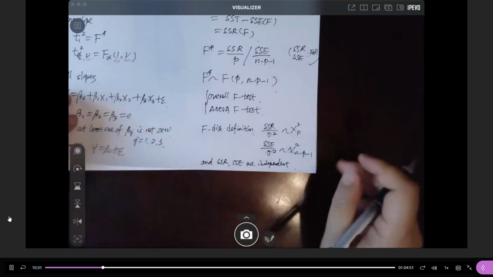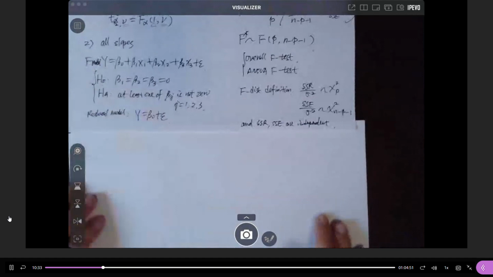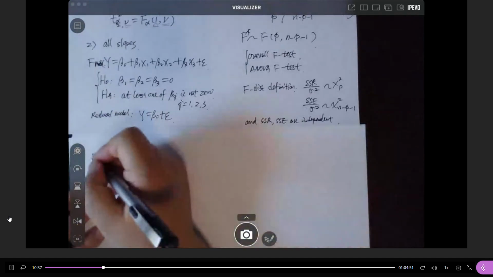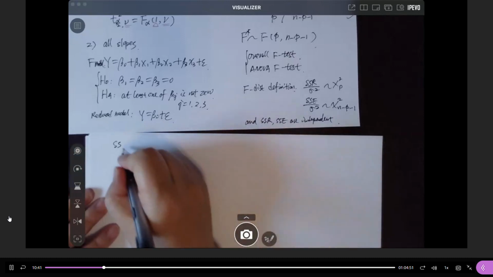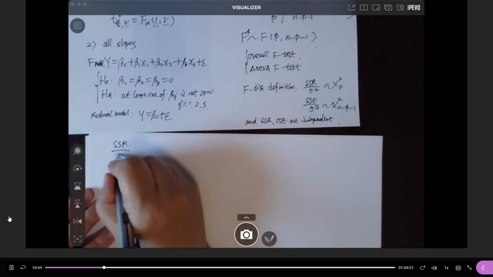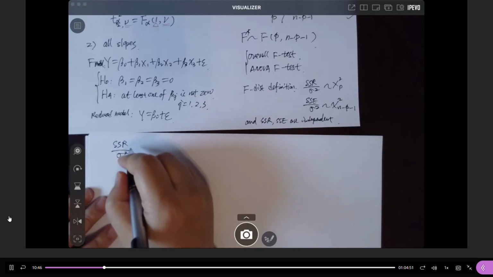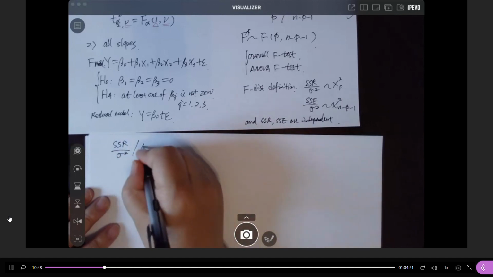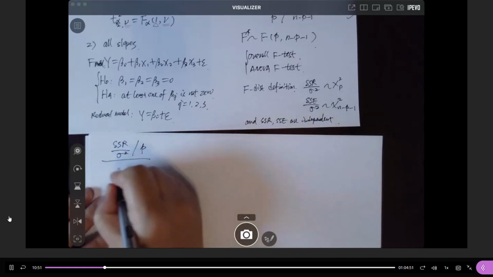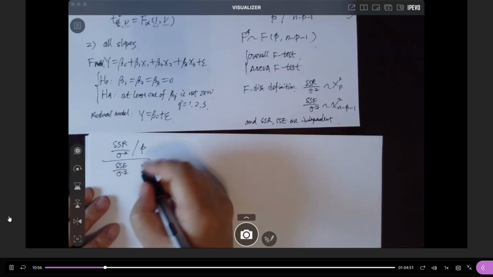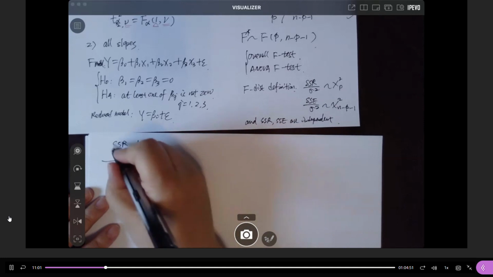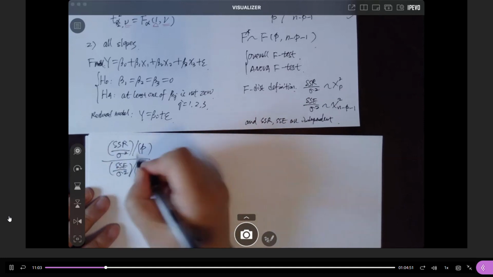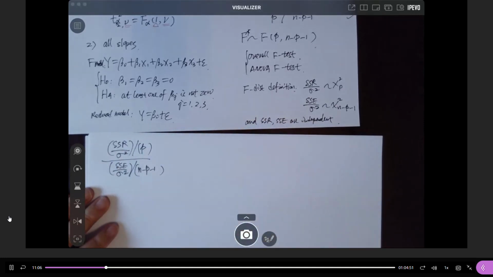So following the definition of F, we are going to take a ratio of these chi-squared variables. Basically, the first chi-squared variable, SSR over sigma squared, divided by its own degrees of freedom P on top, then SSE over sigma squared, divided by its own degrees of freedom, which is n minus P minus 1. Okay? To avoid confusion, I put that all in parentheses here.